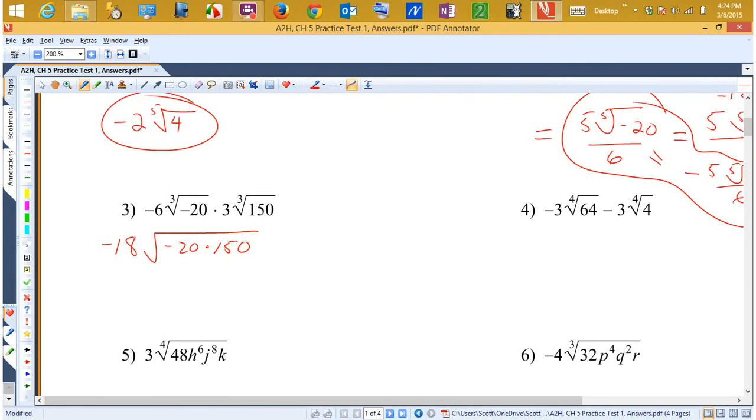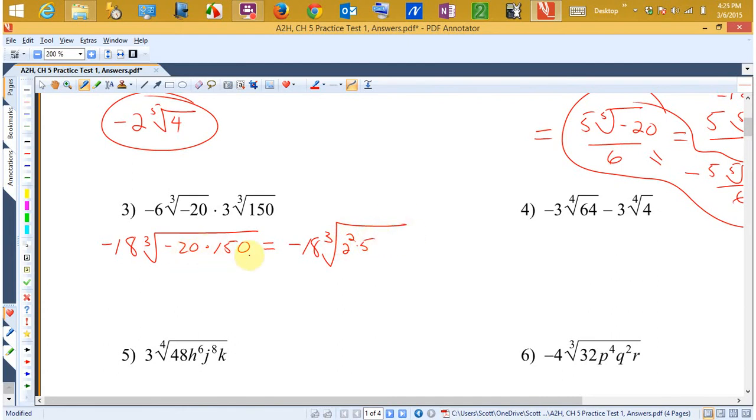And a couple things here, what we saw before is, let's break this up into some factors so I can easily see what can combine. So let's do this. We're going to have a negative 18 times the cube root, and let's say that 20, that's going to be 4 times 5, so 2 squared times 5.